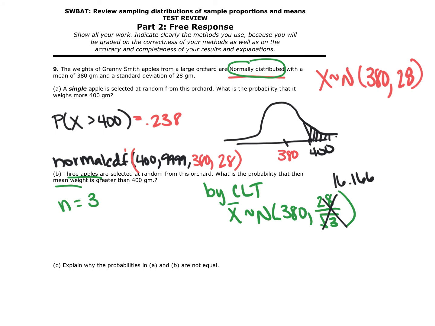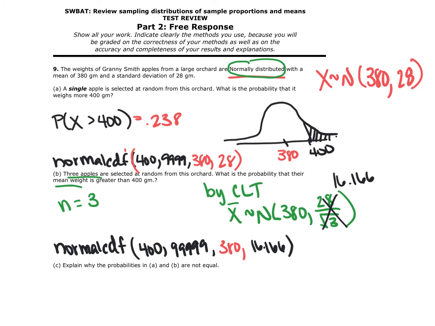And so if we draw a normal curve, we're looking at the exact same thing. This time though, the only thing that's going to change, we're going to do normal CDF. We're still at 400. We're still going to be bigger than 400, and it's still 999. The mean is still 380, and our standard deviation here is going to be 16.166.